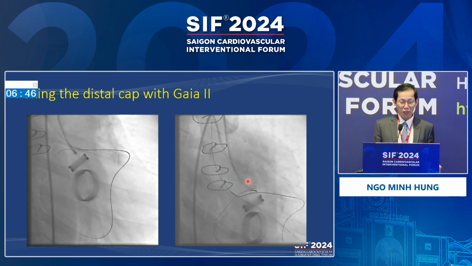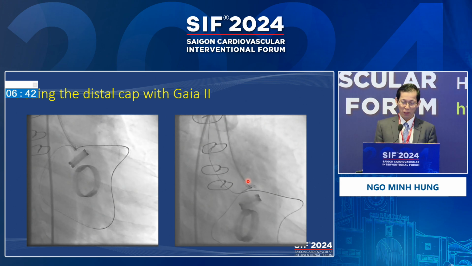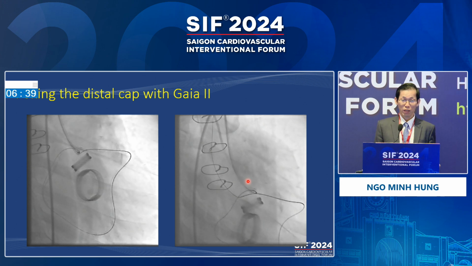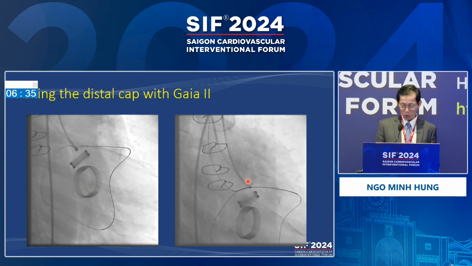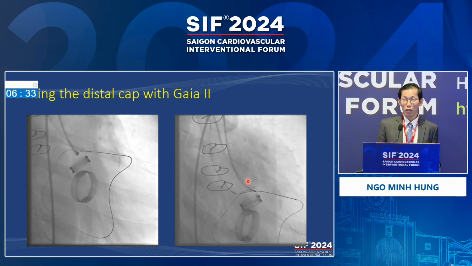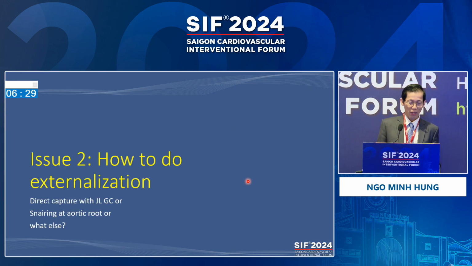Some operators will stop here and use the snare to capture this, but I did something quite a little bit different. I keep pushing the retrograde wire to the subclavian artery. Yeah, so the externalization is also a problem because they keep pushing.